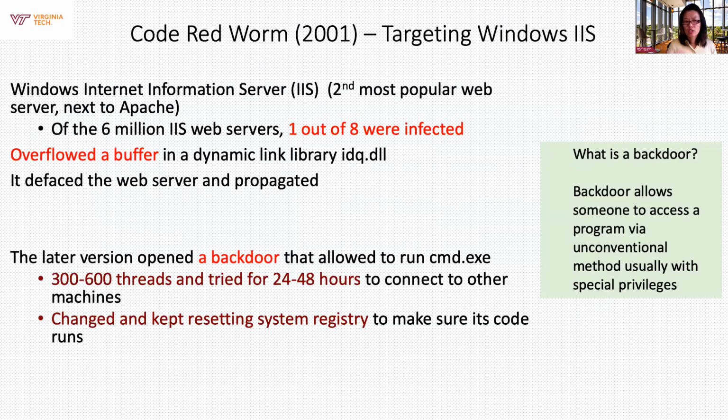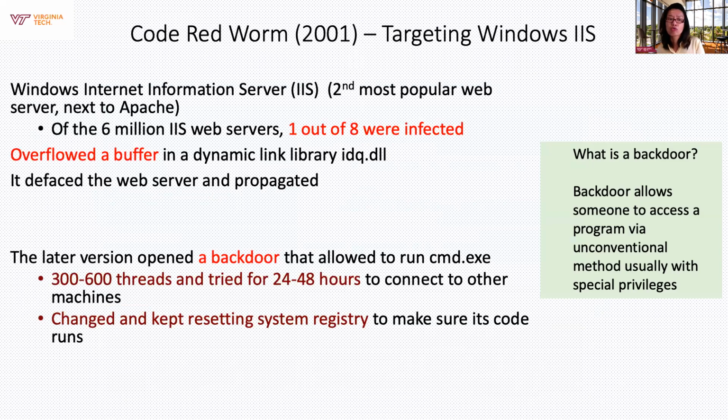We talked about virus and we said worm. Last time we looked at how the Code Red worm propagates itself, and a little bit more information. The Windows IIS, at least 10, 20 years ago, was extremely popular, just next to Apache. During the Code Red worm outbreak, 1 out of 8 were infected, and that's a lot.